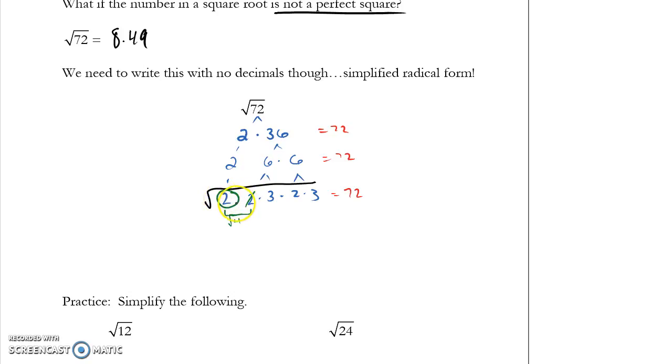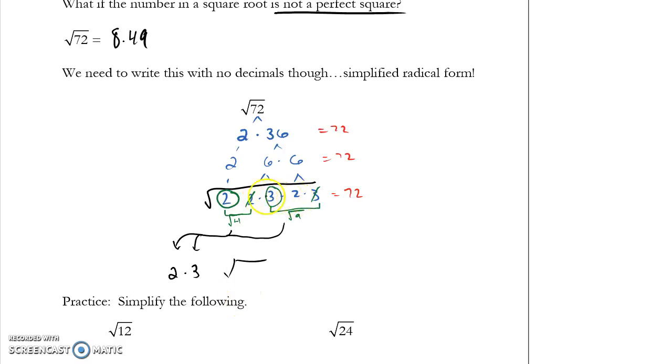Anytime I have a pair, because square root of 4 is 2, I can pull that pair outside of my square root. But I have a pair of 3's. They don't have to be written right next to each other. That's square root of 9, which is 3, because 3 times 3 is 9. So I can also pull from here a 3 out in front of my square root.